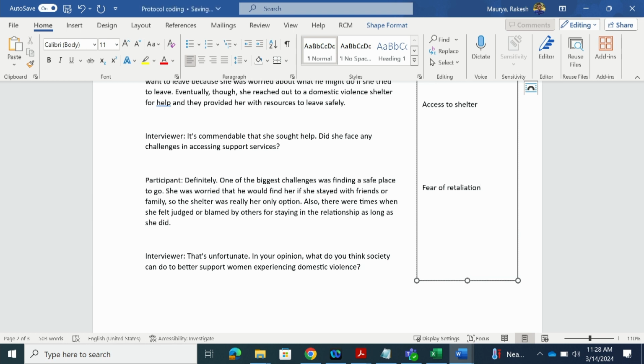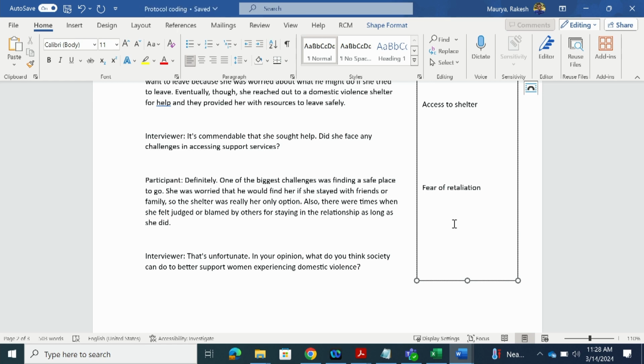And then in the last line, there were times when she felt judged or blamed by others for staying in the relationship as long as she did. So maybe her friends were blaming her, why are you in this abusive relationship? So sort of being judged by the people around and blamed.